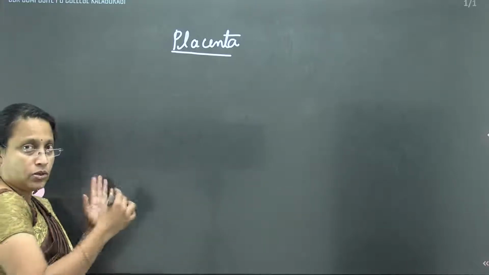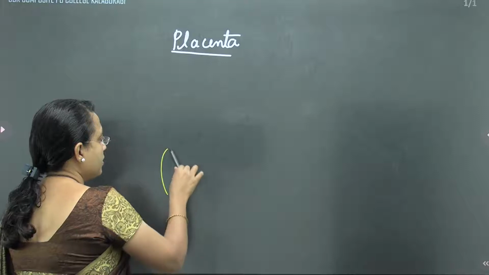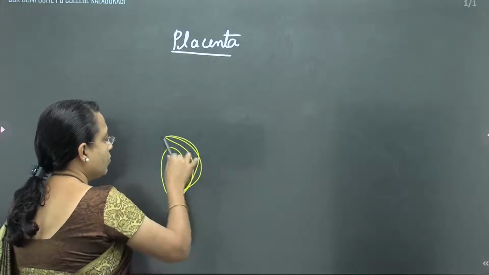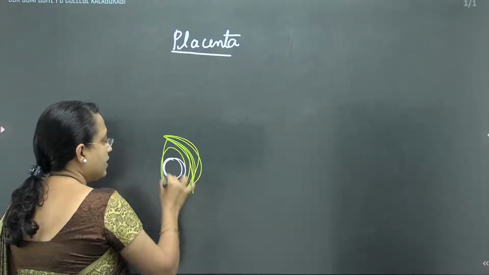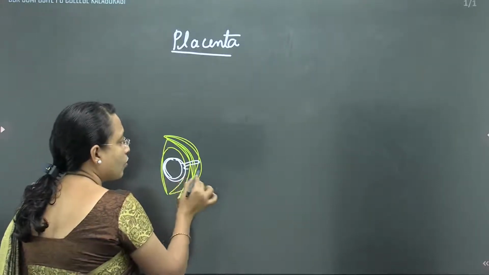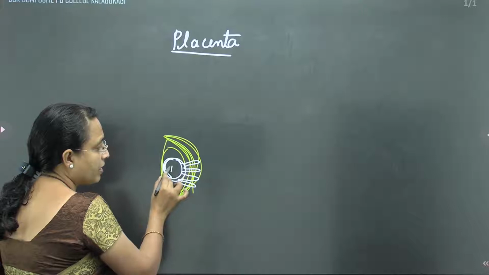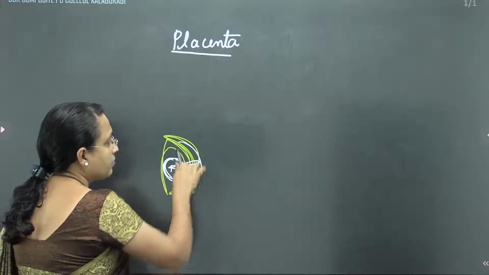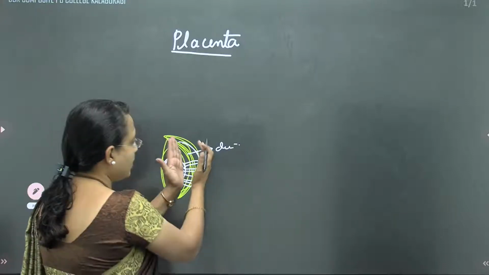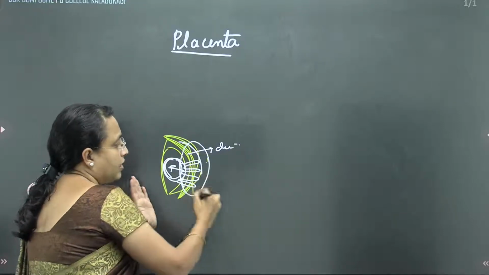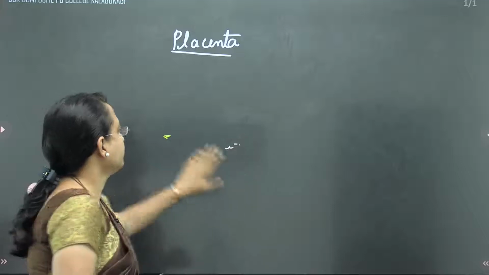Again, I want to just tell you: suppose this is the decidua basalis, decidua capsularis, and the developing embryo. This is going to form chorionic villi. So chorionic villi becomes the fetal part, and the decidua becomes the maternal part. Together, these two form the placenta.